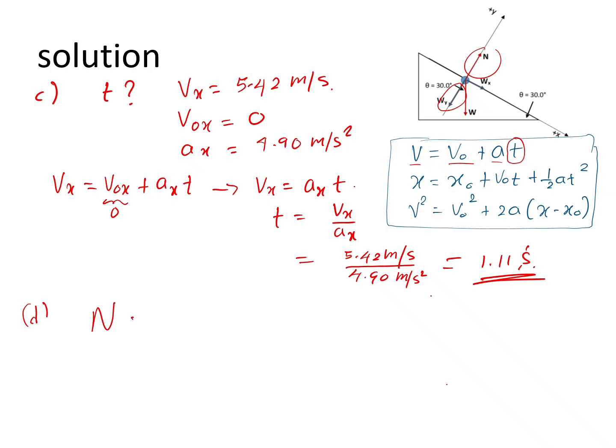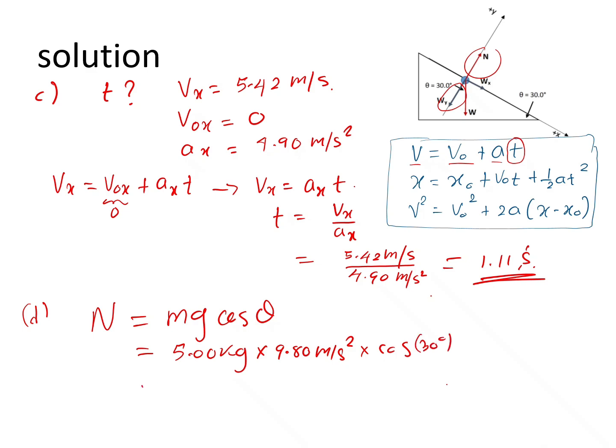So the normal force is equal to mg cosine theta, which is 5 kilograms times g, 9.8 meters per second squared, times cosine 30 degrees, and we get 42.4 newtons. So that is the normal force.